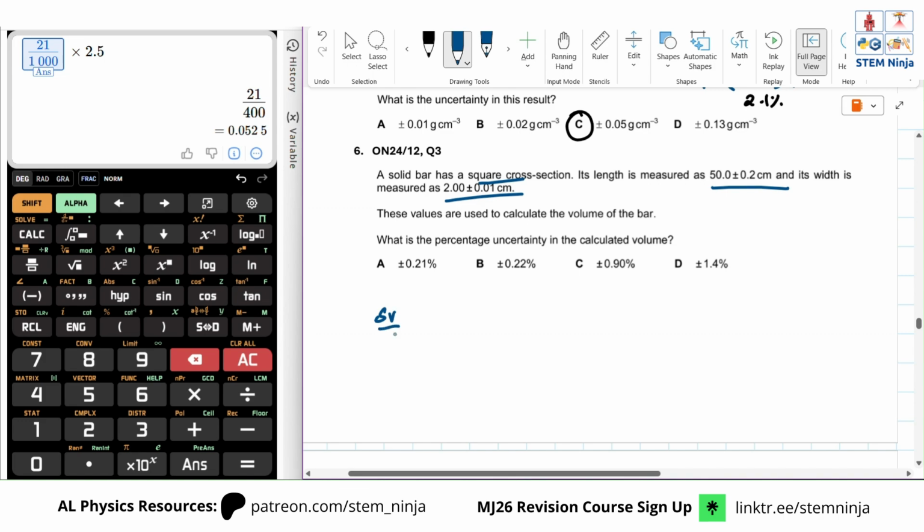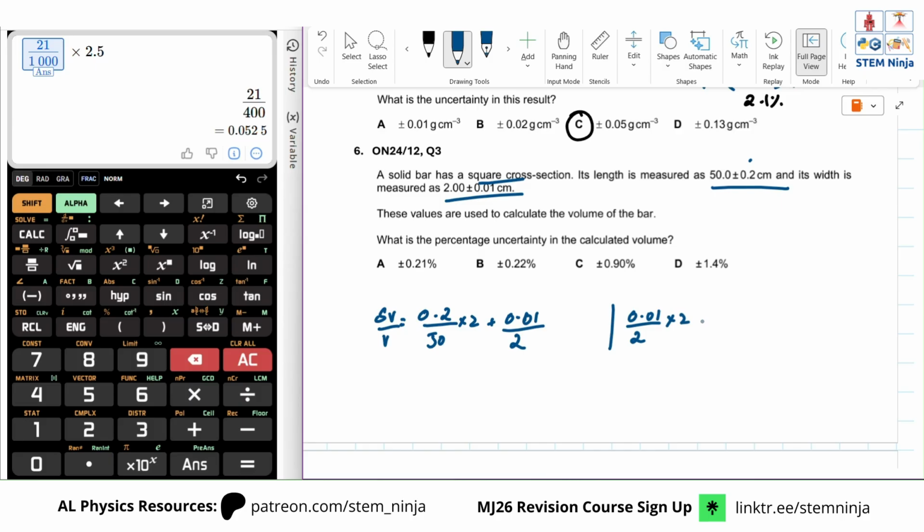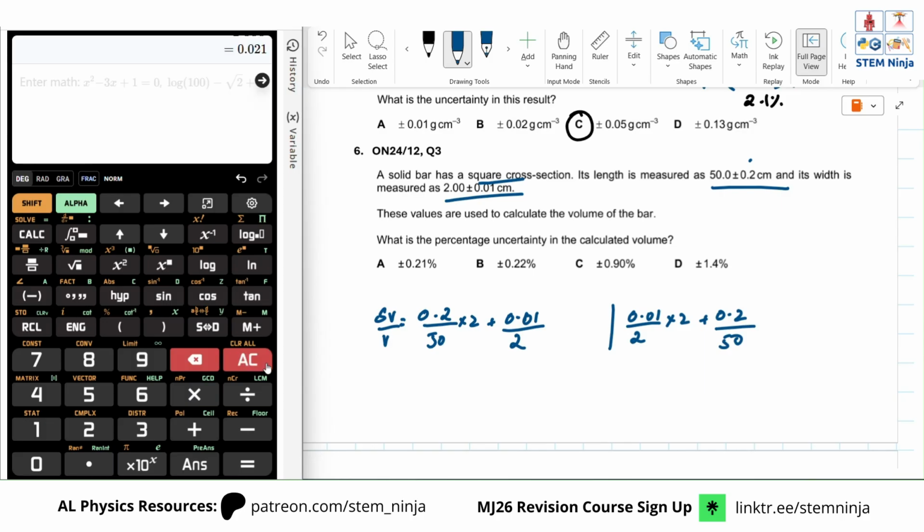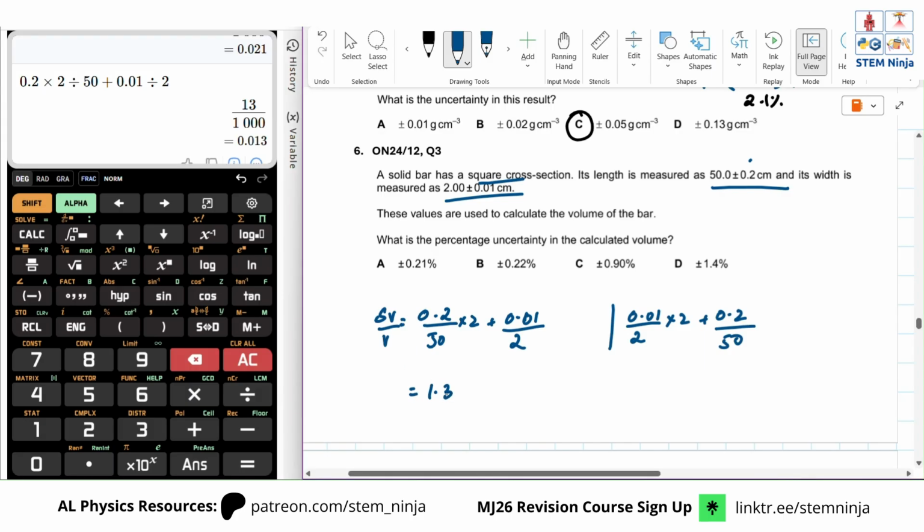So percentage uncertainty of the volume will come from either this, 0.2 over 50 times by 2 plus 0.01 over 2, or it will come from 0.01 over 2 times by 2 plus 0.2 over 50. Let's see which one of them is correct and which one will make more sense. 0.2 divided by 50 plus 0.01 divided by 2, the percentage would become 1.3%.